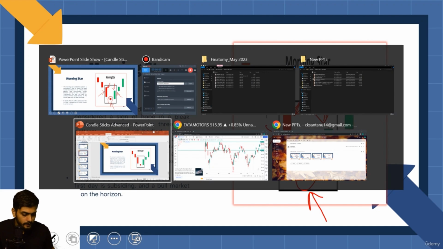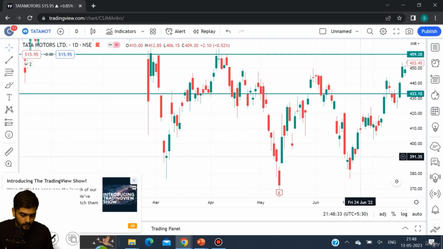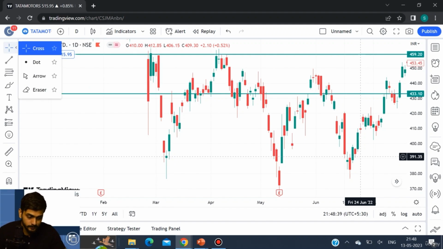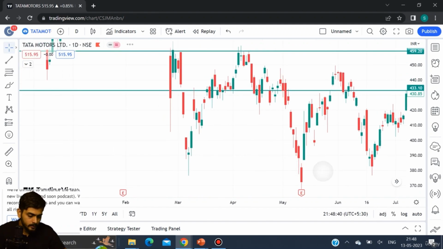If I go to a live example and show you, see Tata Motors, spot the morning star. It's easy, it's on the screen. I know you guys can spot it.